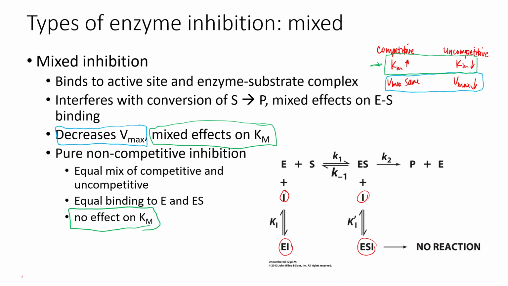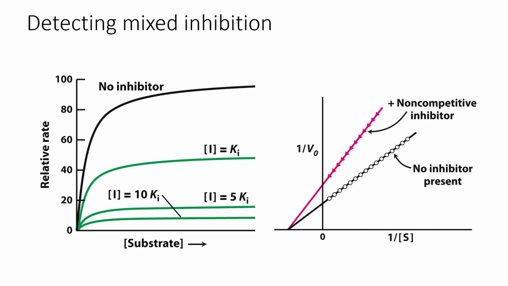And so let's take a look at what that is going to be like when we look at our plots. As a reminder, our Vmax is going down, but our Km could go either way. So once again, we have our Michaelis-Menten plot. We have our uninhibited kinetic with this black line that is approaching our Vmax at 100%. And then let's take a look at what's happening with our Km.